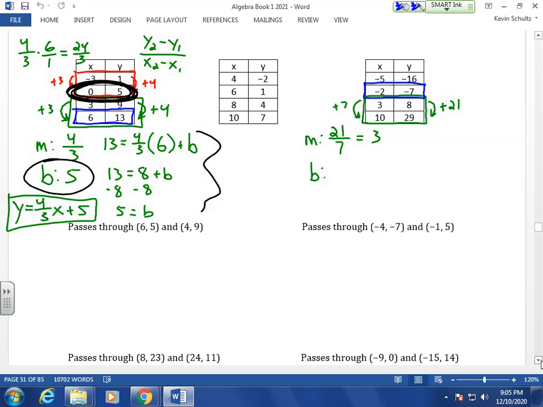Let's do (-2, -7), just to get that practice. So in my equation, y equals mx plus b, -7 is what I'm plugging in for y. I found my slope to be 3. -2 is what I'm plugging in for x, and b is the variable that I'm solving for.